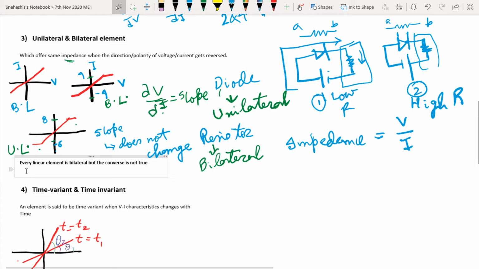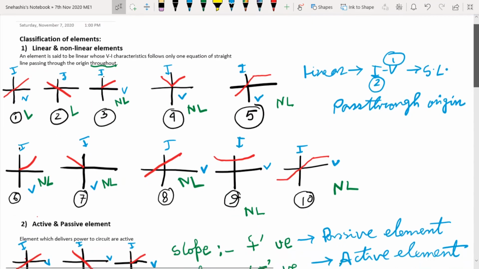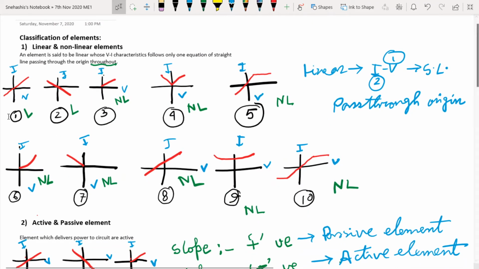Now it is very important, you should note it: every linear element is bilateral, but the converse is not true. So if the element is linear, obviously it should be bilateral, but you can check it with the other diagrams that I have given. You have to check whether they are bilateral or not from their curve.